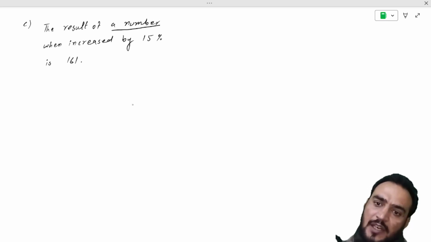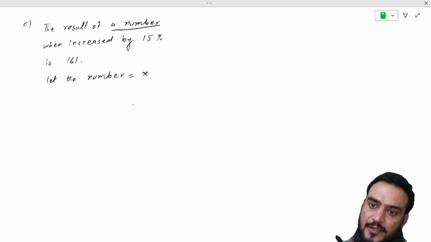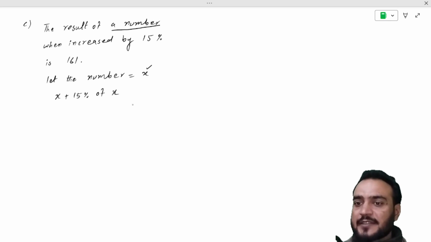So we'll let that number be equal to x. So there is an increased value of x. So x plus 15% of x, because the number only is x, but x is now increased by 15%.